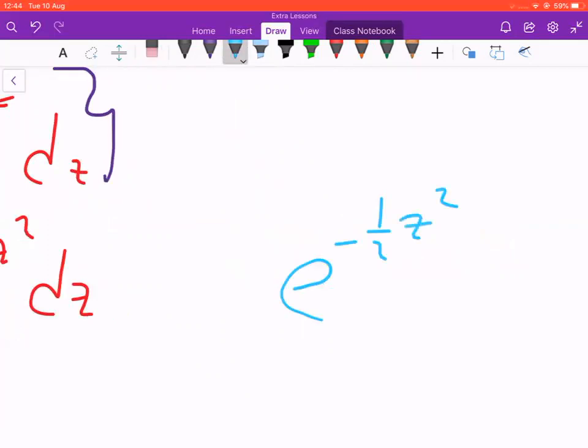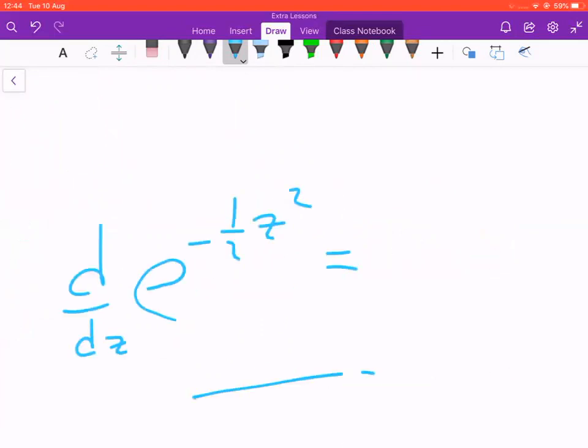So the derivative of this in terms of z is going to be what? It's going to be negative z e to the negative 1 over 2 z squared, right?